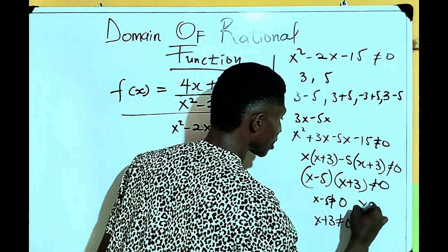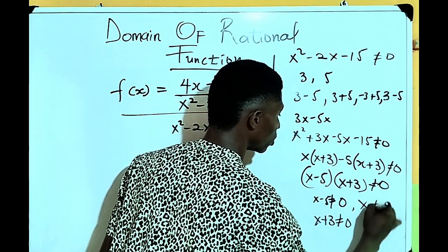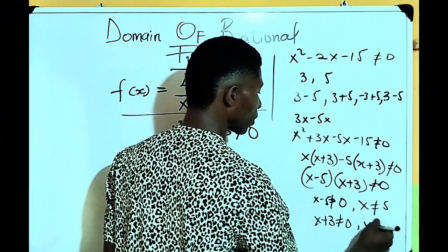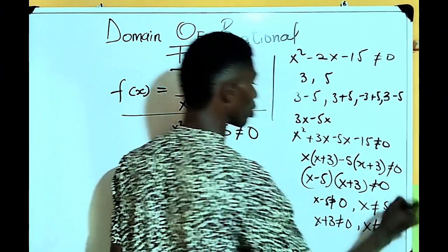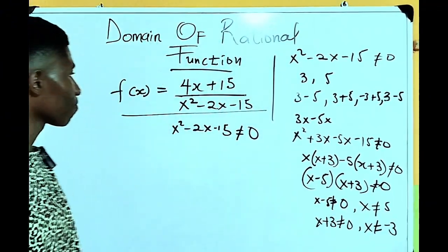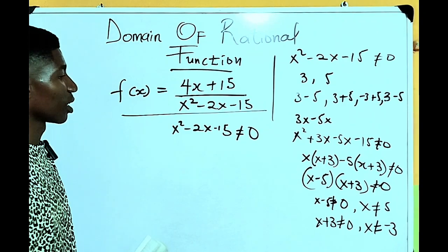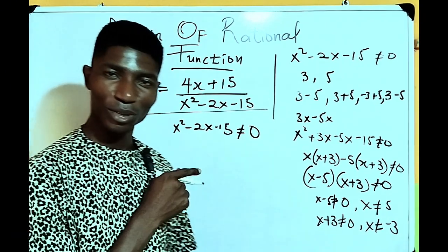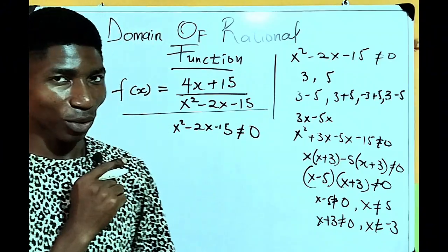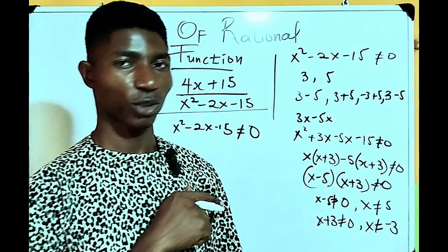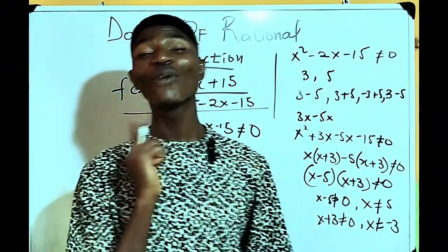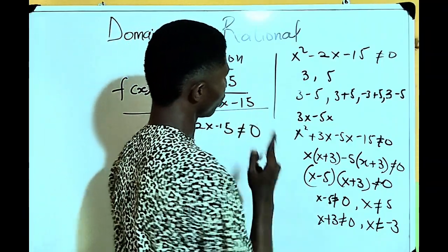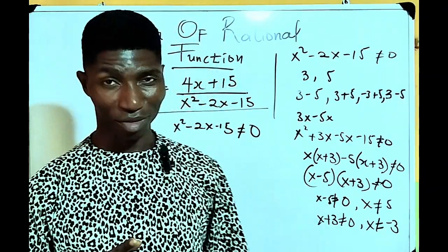And hence, x must not be equal to what? 5, and x must not be equal to minus 3. So we have gotten the domain of this function. The domain of this function now is all real numbers except minus 3 and 5.